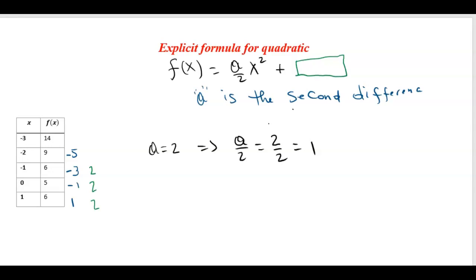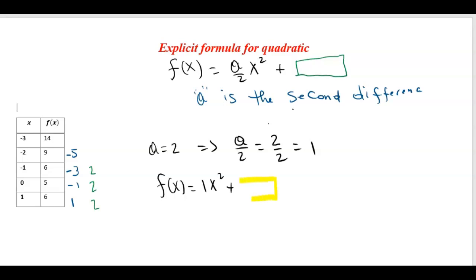So we're going to have 1x squared. We're going to say f of x equal 1x squared plus something.